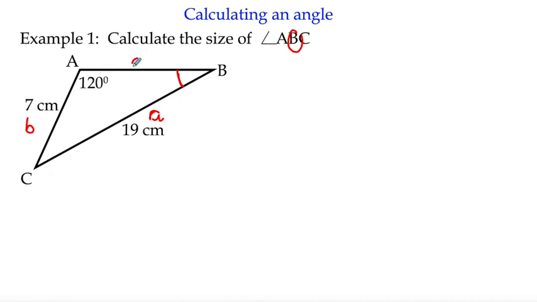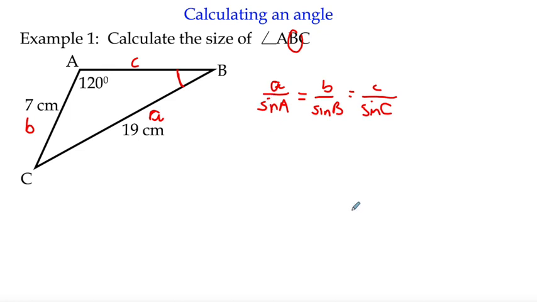Small c, the side opposite angle C. And we can write out the sine rule in terms of A, B and C. So we've got a over the sine of A is equal to b over the sine of angle B equals c over the sine of angle C.